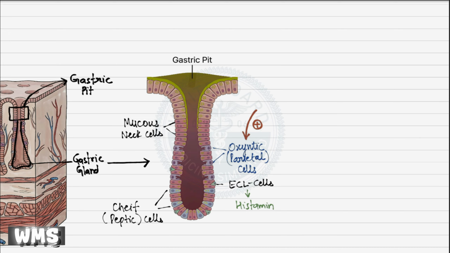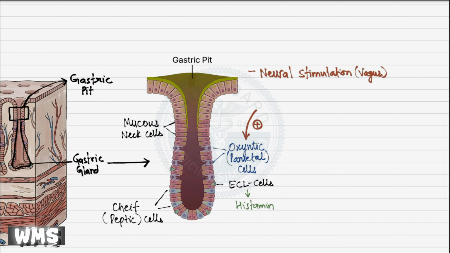gets stimulated, this effect is produced by three main signals that act synergistically. First, there is neural stimulation via the vagus nerve, which releases acetylcholine that directly activates parietal cells.